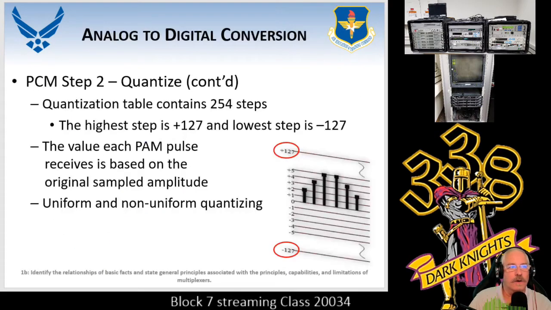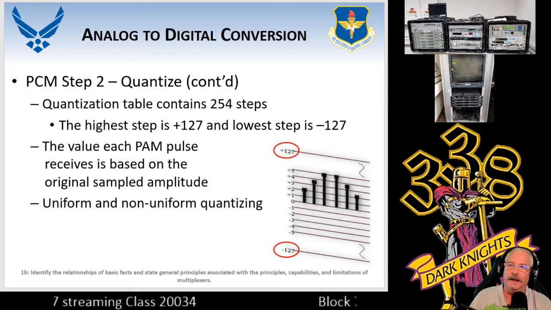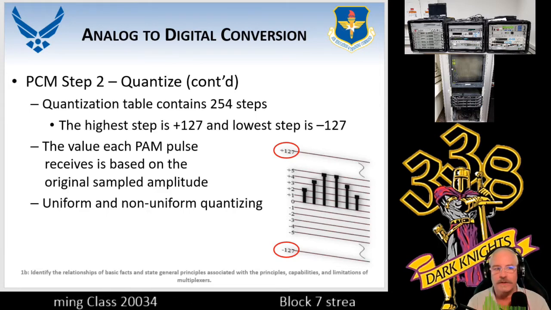So we're still in quantization. Wow, what was the chance of that happening? We have a positive 127 and a negative 127. And with that in mind, each one of these pulses is going to fall in an area where they're giving some credence to the letters.